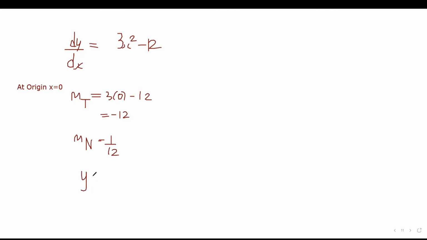Now, if the gradient of the normal is 1 over 12, we get y minus the y value at the origin. Origin is 0, 0. So this is just telling us that y is equal to 1 over 12 times x. It's really y minus 0, but since we know the origin is 0, 0, we know c is 0, so this is the equation of the normal at the origin.